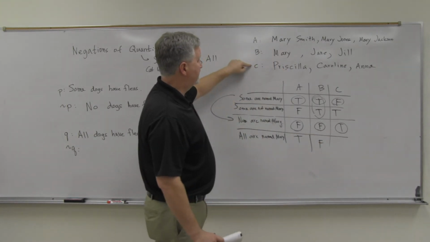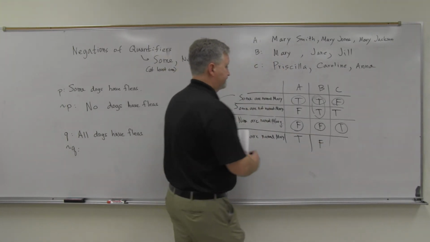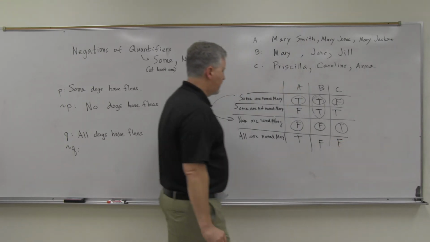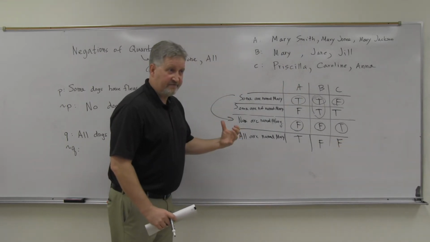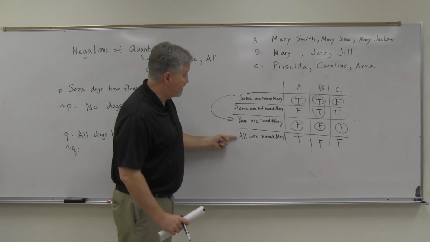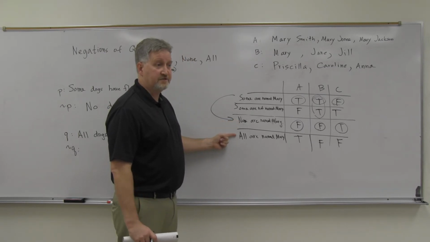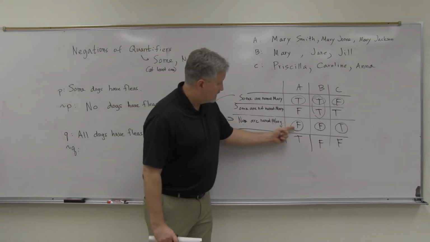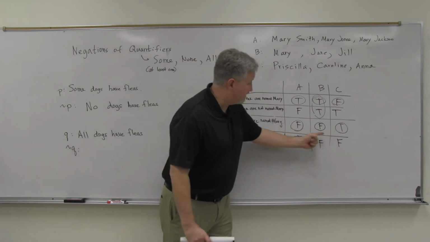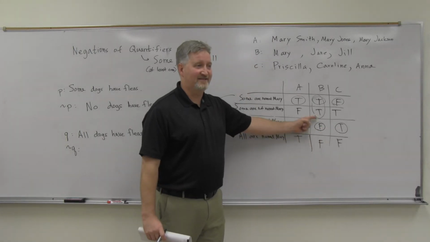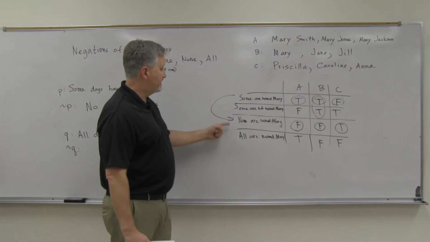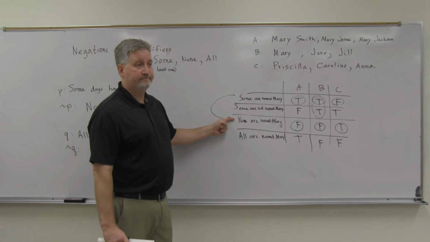In group C, false also. As I said, first instinct may be that none and all are opposites, negations. Is that true? Well, it's opposite here, but that middle one gets us again, doesn't it? So all and none are not negations.